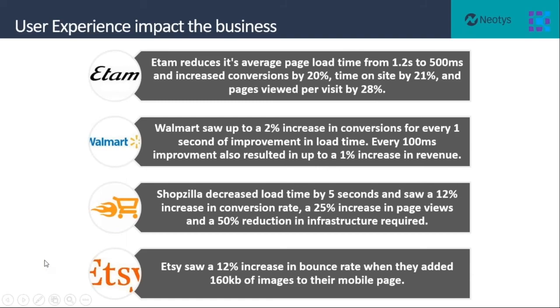Here is also another reference from WPOstats.org. It basically lists every performance study that's been done by companies over the last years. Here I selected 4 of them. I'm not going to explain them one by one because it doesn't make sense.